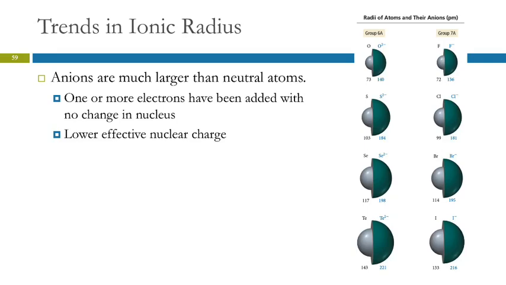That doesn't explain why it gets so much bigger, but it does. It gets a lot bigger, and so we see that there's this huge jump in size when we add some electrons. We're adding electrons without adding any more protons, and so the effective nuclear charge becomes lower, and that lets the atom expand out.